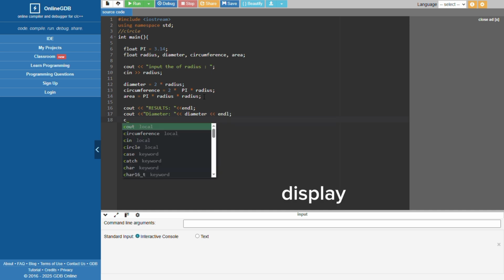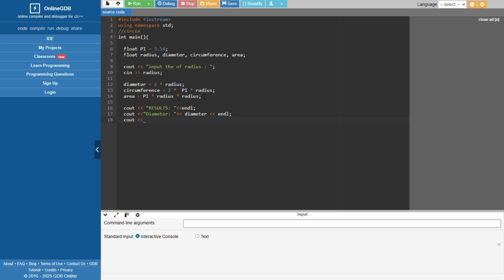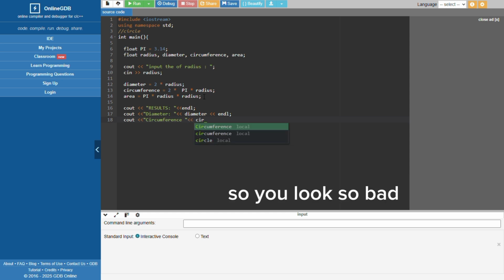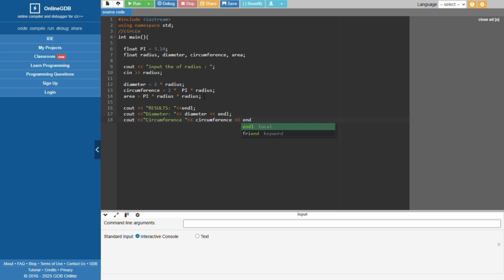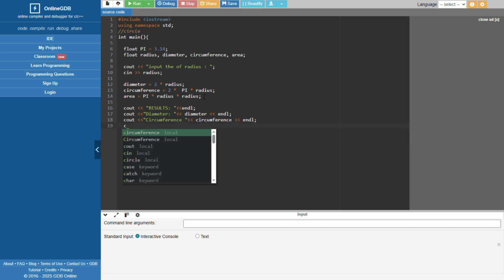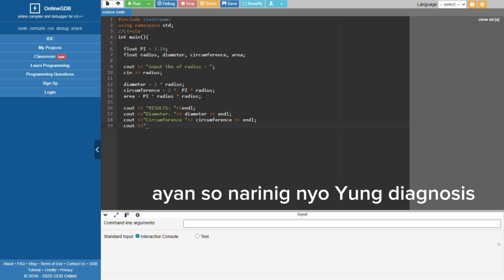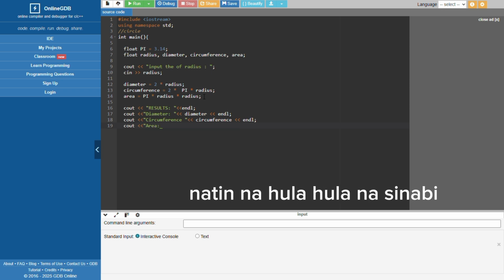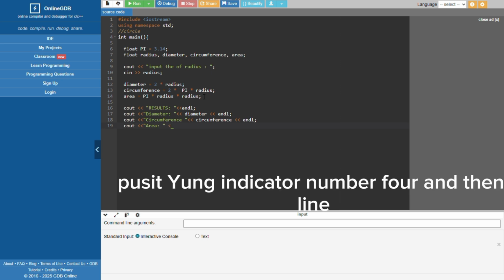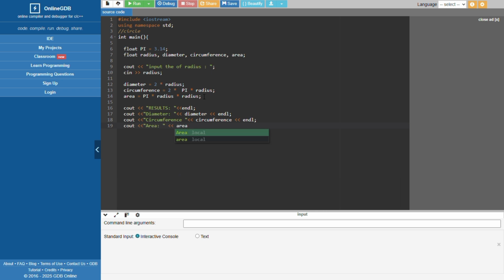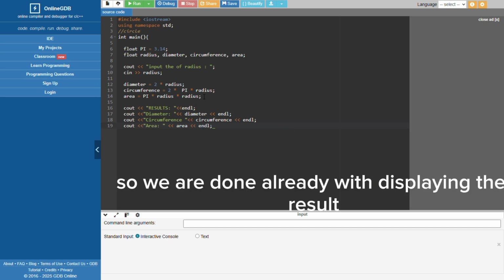Another one, display the circumference, and endl. So we are done already with displaying the results.